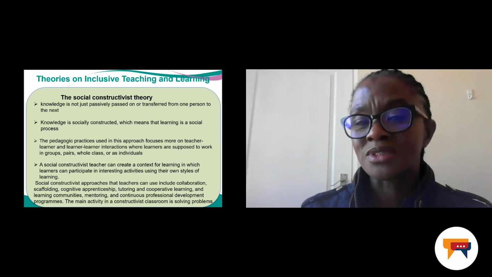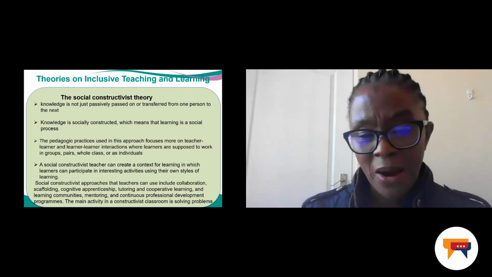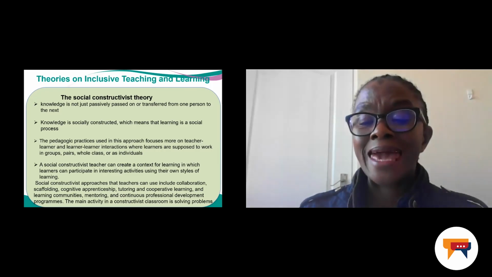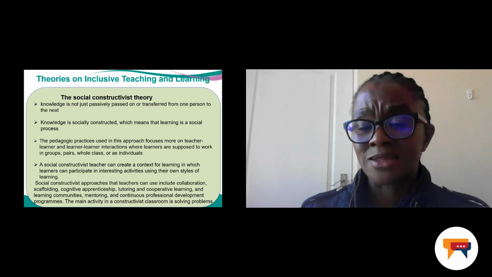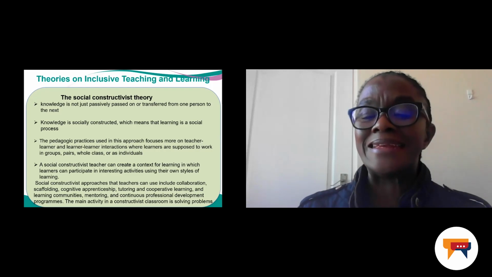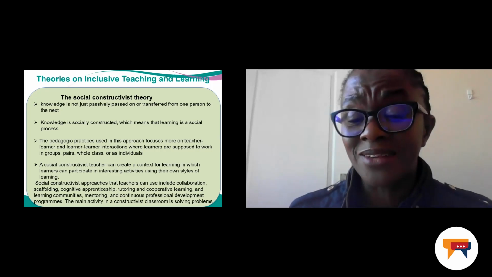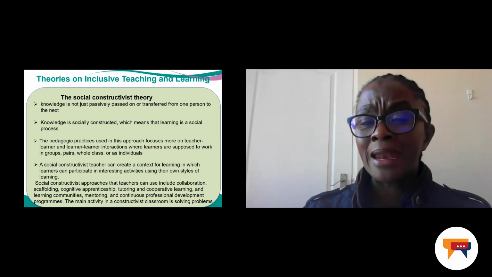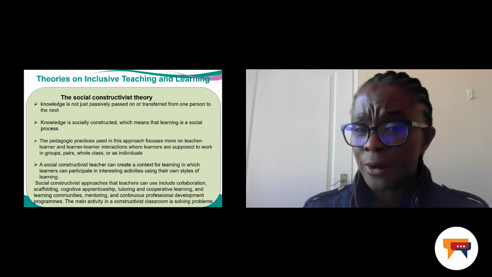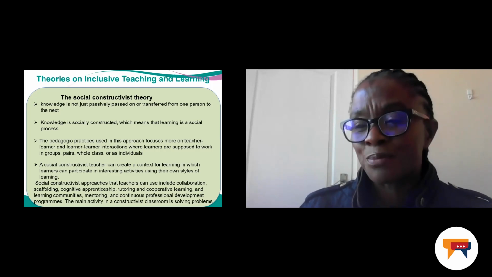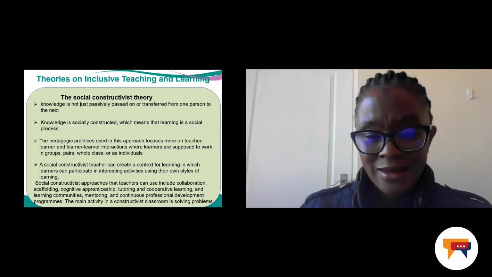This is what constructivist theory is about. A social constructivist teacher can create a context for learning in which learners can participate in interesting activities using their own style of learning. What I like about constructivist theory is that it gives teachers many opportunities to provide support to learners.